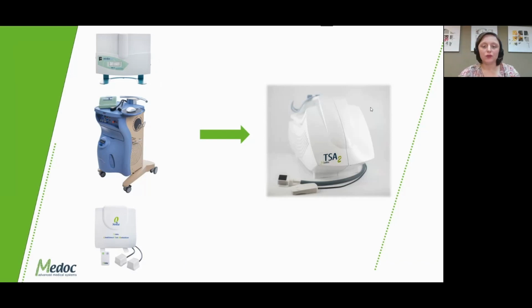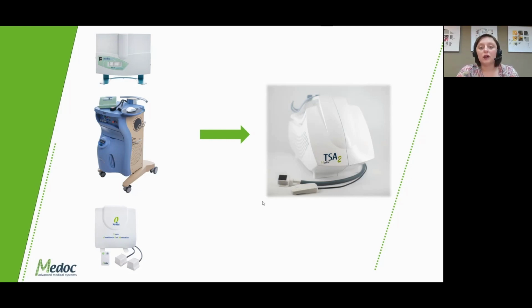And again, approaching those of you who are already Medoc customers, if you have one of the three devices on the left, TSA2 can be a good upgrade option for you. First of all, if you are using the old generation of TSA, but not with 30 by 30, and you use it with other thermodes, with 16 by 16 or the intraoral thermode, you should consider the TSA2 since it has all these thermodes available.